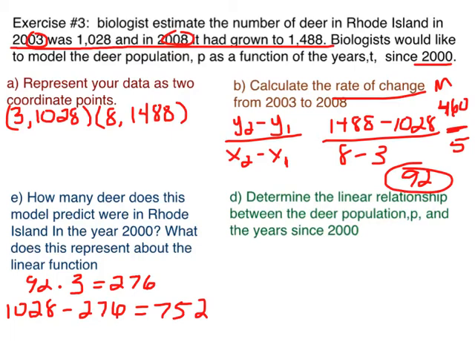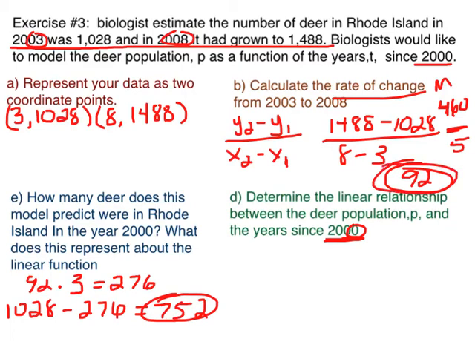D. Determine the linear relationship between the deer population and the year since 2000. So I'm using my information from the year 2000. That's my starting point because that's where my x is 0. And so that's the information I just found out, plus my slope, don't forget.